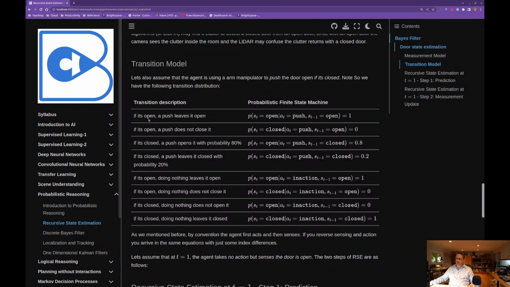So it has the earlier state, an action of open or push, and a subsequent state. And these are all the possibilities. I am not going to go through the table line by line, but you can see how we are specifying all these probabilities that we need.